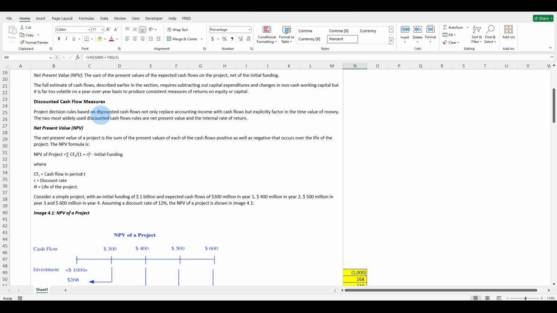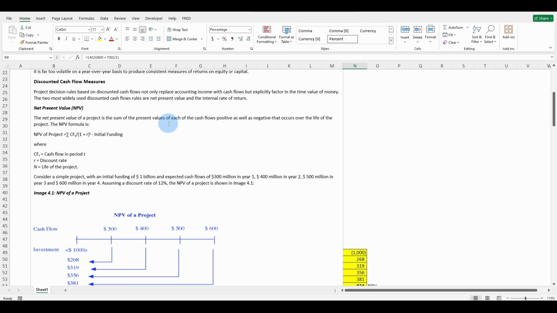Discounted cash flow measures. Project decision rules based on discounted cash flows not only replace accounting income with cash flows, but explicitly factor in the time value of money. The two most widely used discounted cash flow rules are net present value and internal rate of return.